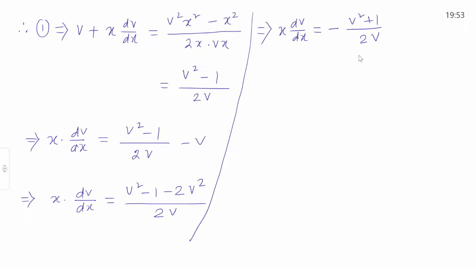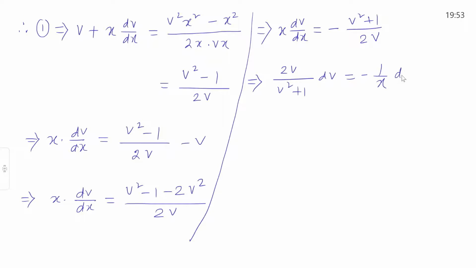Now separate the variables. This implies 2v will come in the numerator divided by v square plus 1 in the denominator, dv is equal to minus, which is already there, and x will be the denominator, 1 by x dx.